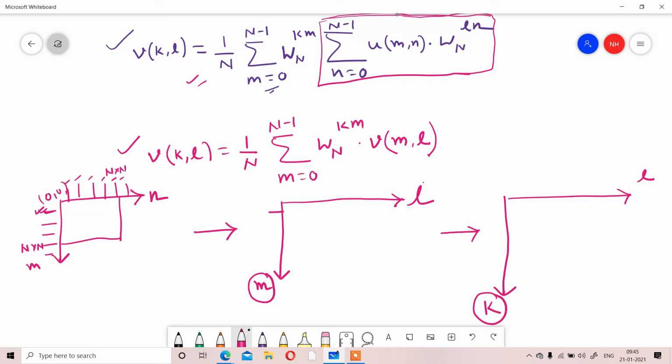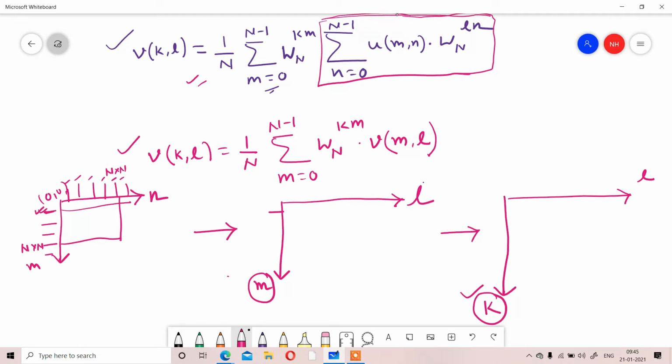That means first one row is converted; for m equal to 0 one row is converted, for m equal to 1 one row is converted. In that way, step by step, all the rows are converted to frequency domain.